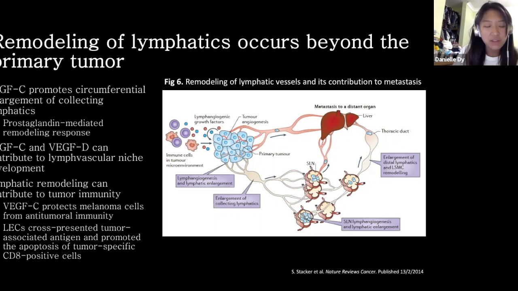Other studies have also found that LECs cross-presented tumor-associated antigen and promoted the apoptosis of tumor-specific CD8 positive cells. So in essence, apart from evading the immune system by saying, I'm not a foreign invader, they're also able to destroy the components that are supposed to protect the immune system from foreign invaders. So it hides and it destroys the things that are supposed to keep the body safe.